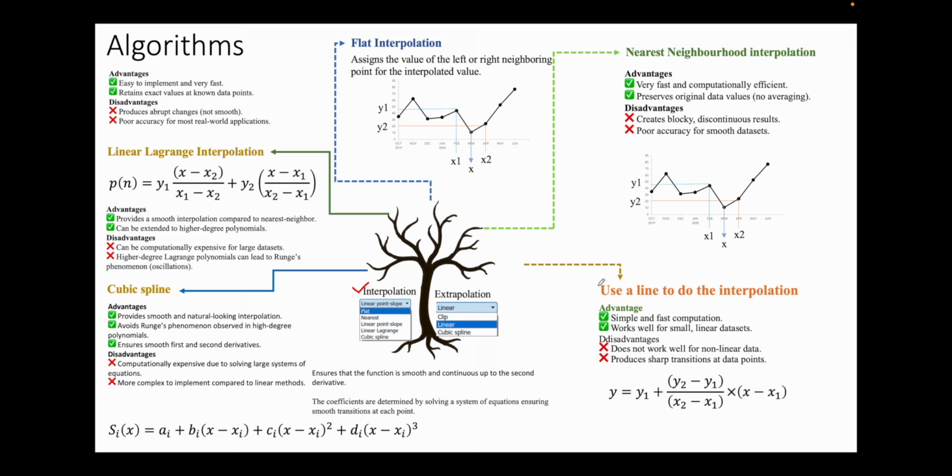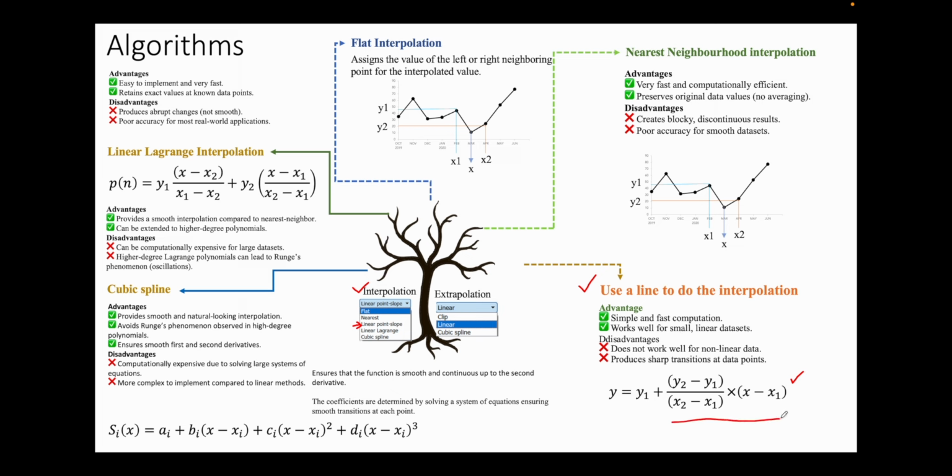So the first one is linear interpolation. So basically this is the one which is represented here. What it basically does is it uses the formula for determining the next point in a line by calculating the slope.